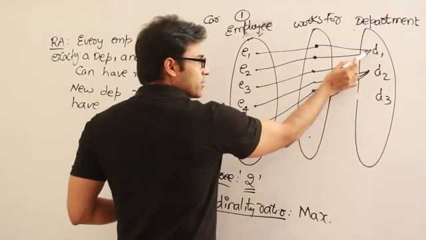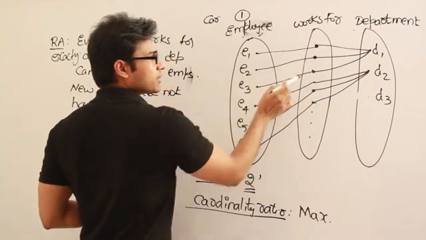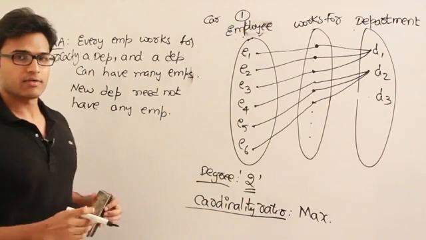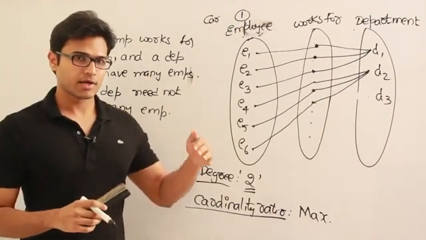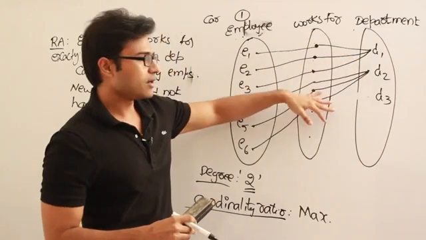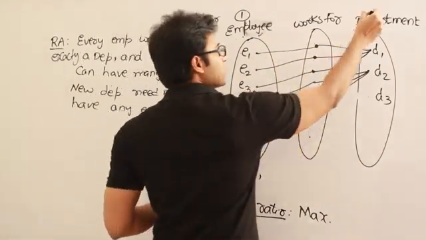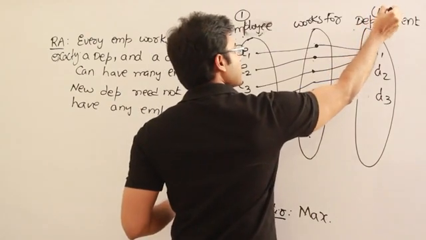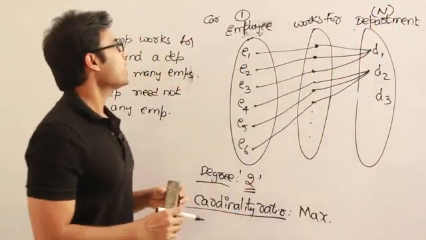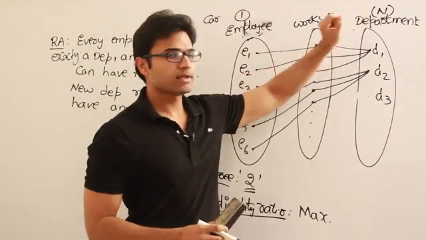Every department is participating in more than one relationship, isn't it? Therefore, whenever one department or one entity participates in many relationships, it is many, so we use M or N to denote it. Therefore, the cardinality of employee is 1 and the cardinality of department is N.